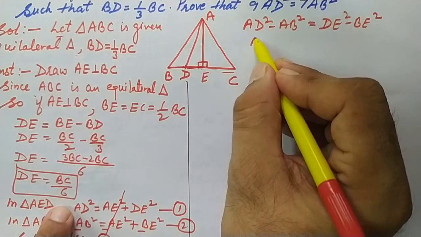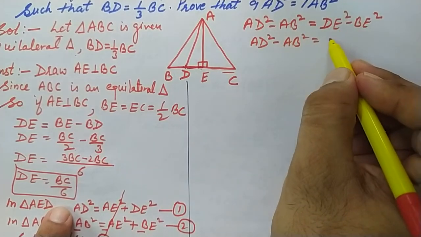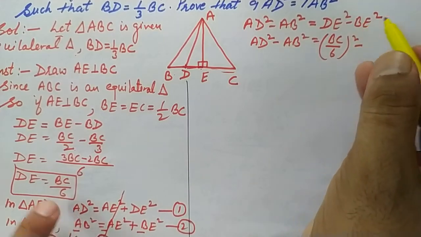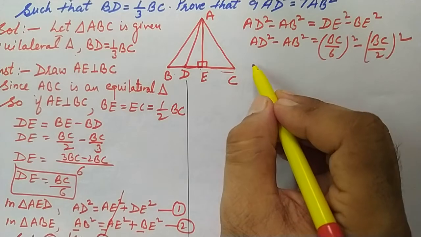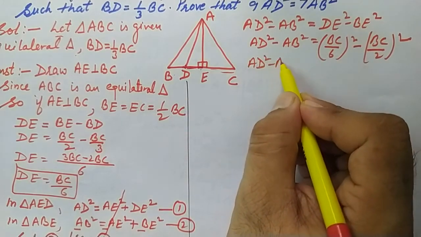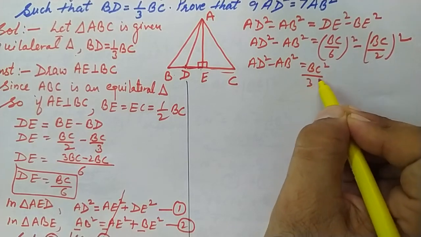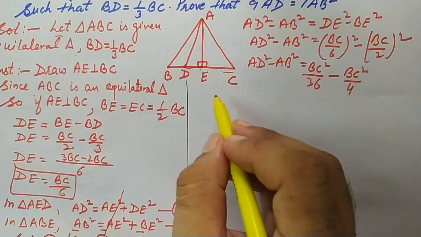So AD square minus AB square is equal to (BC over 6) whole square minus (BC over 2) square, right? Keep solving. So on the right hand side it is BC square over 36, minus BC square over 4, right?